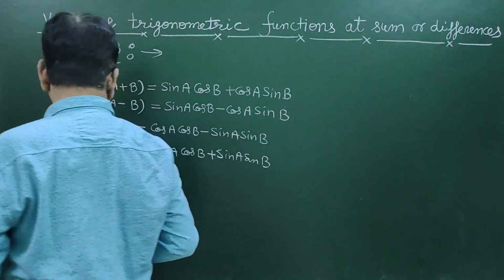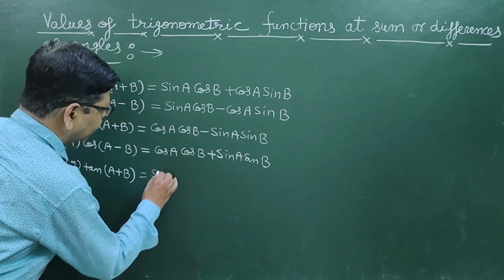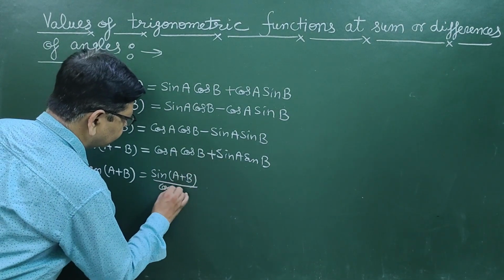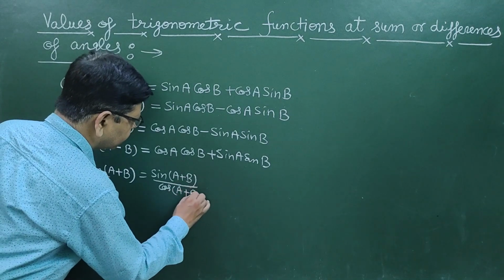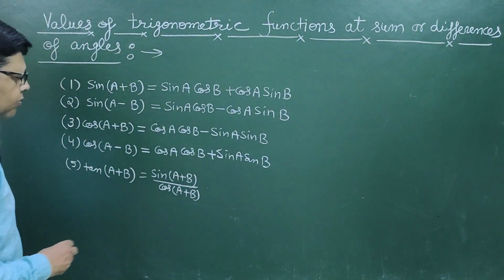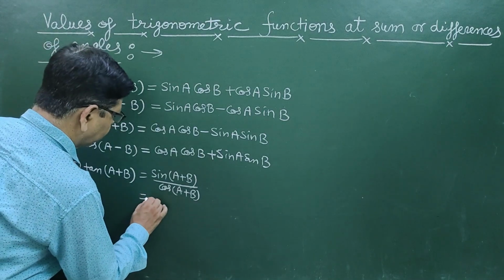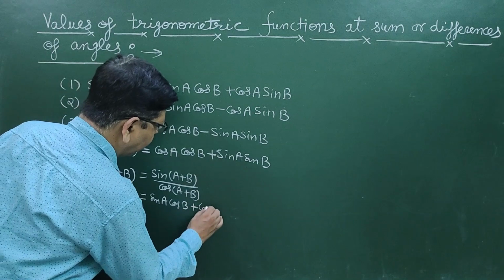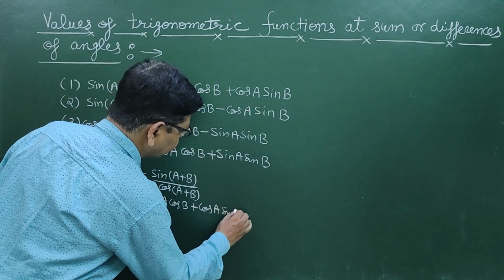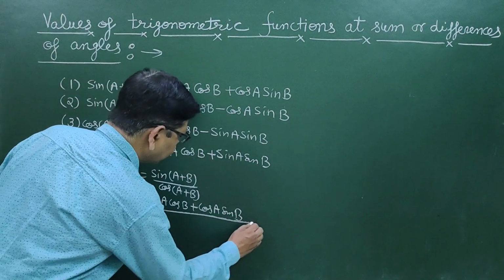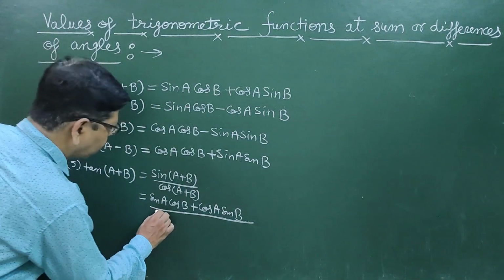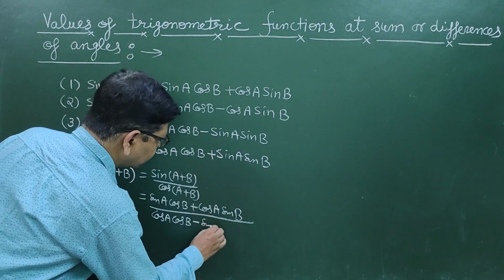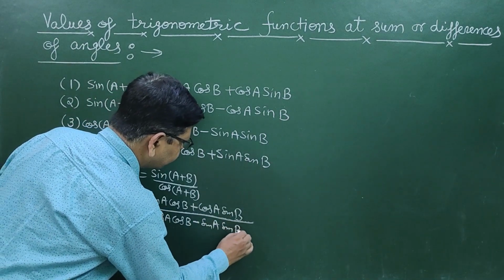So tan(A+B) is equal to sin(A+B) upon cos(A+B), and this is equal to (sin A cos B plus cos A sin B) upon (cos A cos B minus sin A sin B).